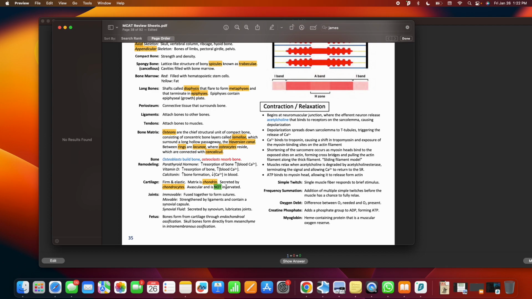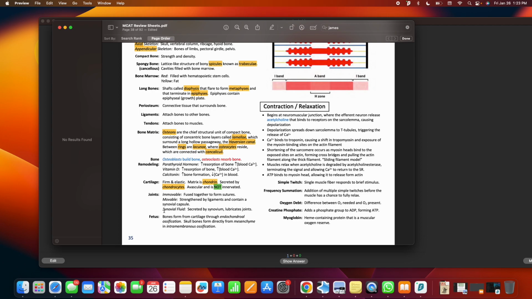They are fused together to form sutures. We have movable joints that are strengthened by ligaments and contain a synovial capsule. And we have synovial fluid, which is secreted by synovium, and it lubricates joints.